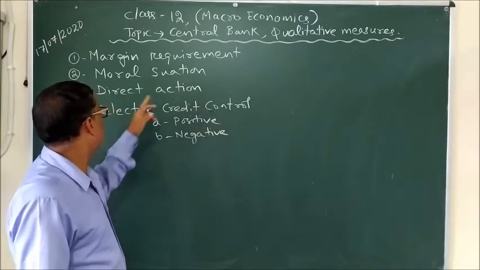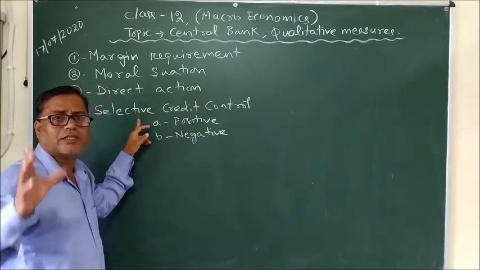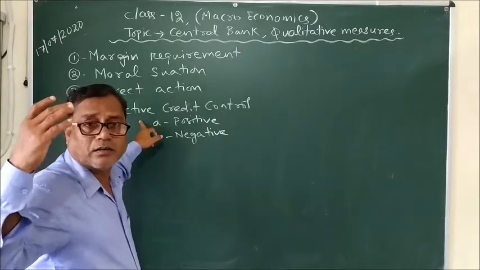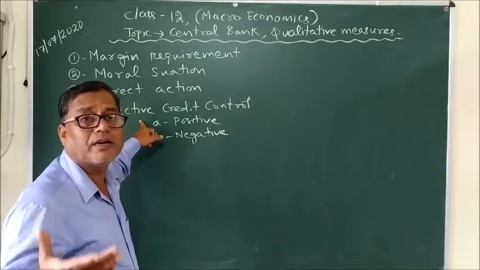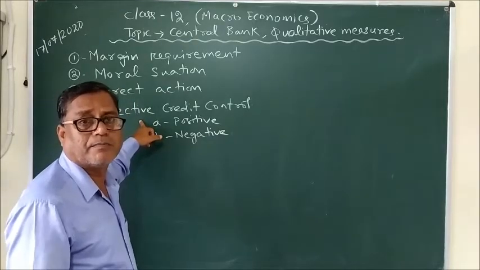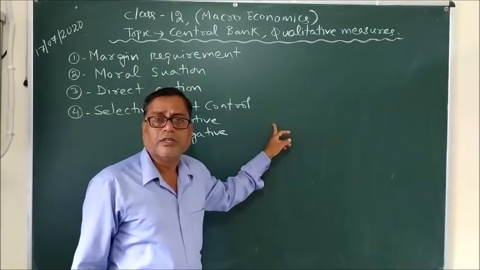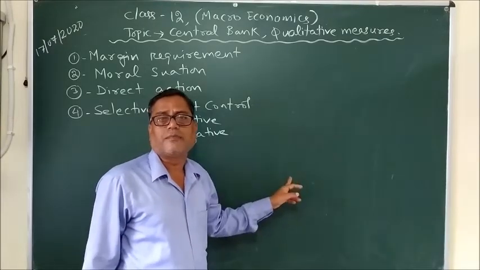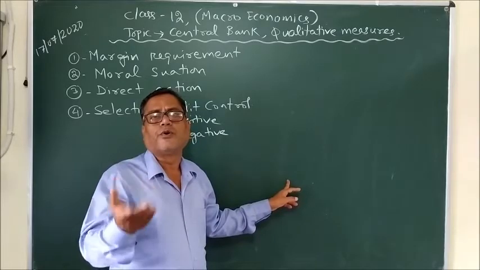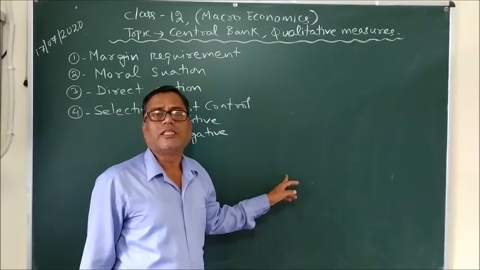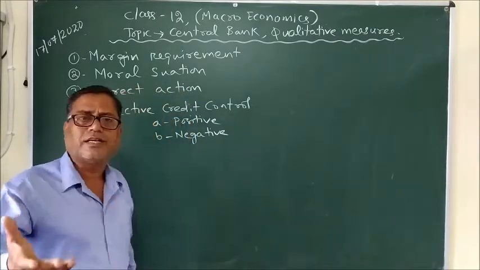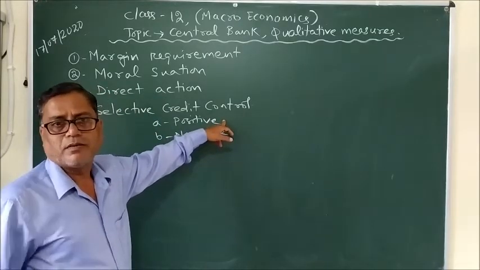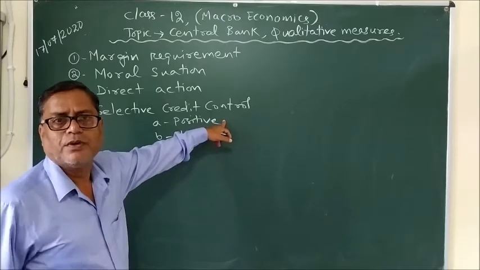So the central government would make a policy so that the farmers would get loans at a cheaper rate than other sectors. For example, for industrial purposes, if you have to pay 10% interest, then for agricultural purposes, you will be paying only 4 to 5% rate of interest. In that case, farmers would be encouraged and they would invest more in farming, and India will become self-sufficient in the production of food.